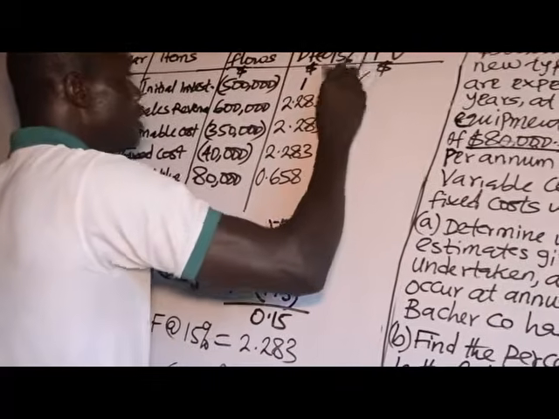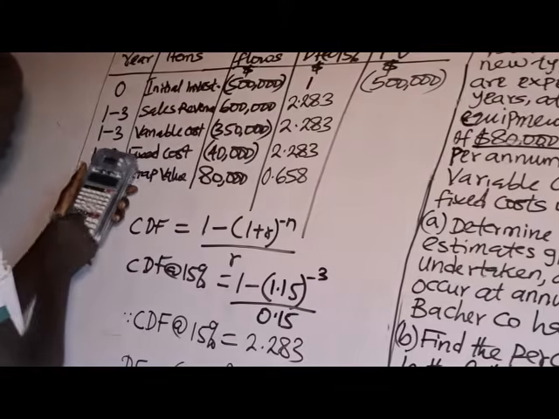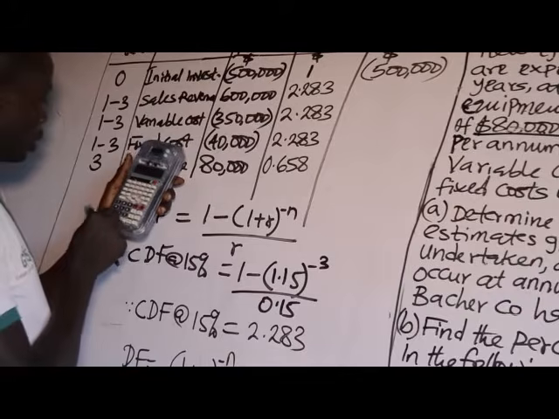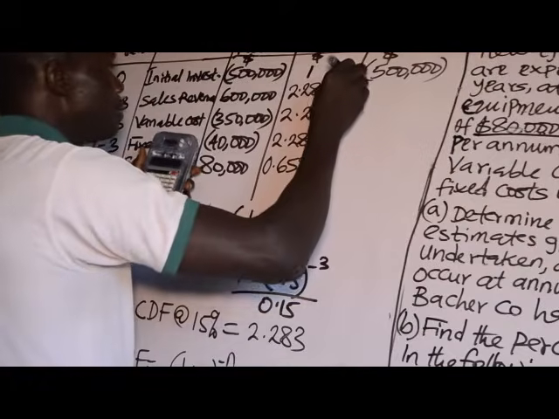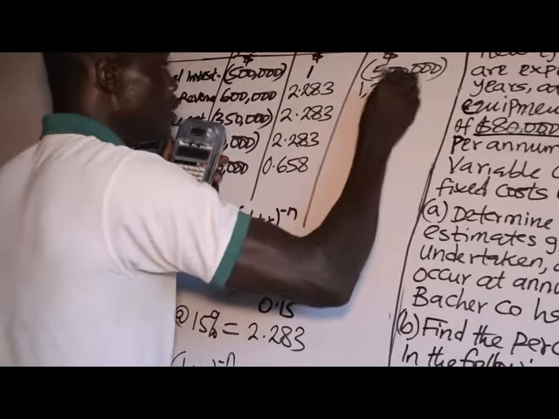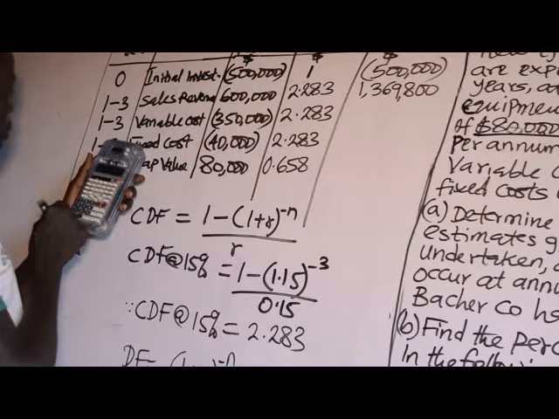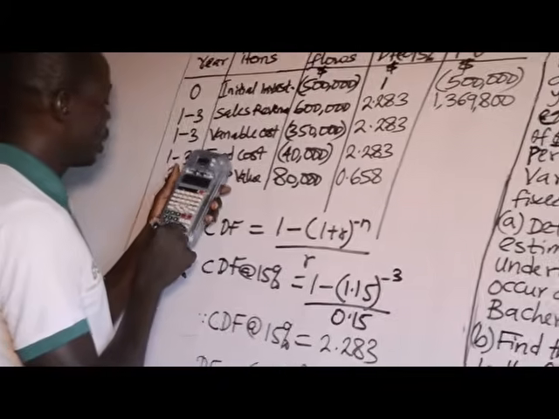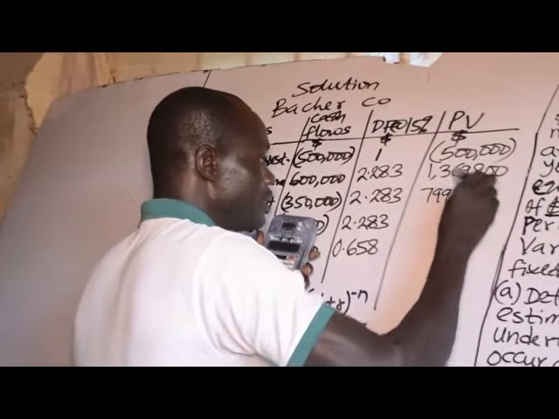500,000 times 1 will be 500,000. 600,000 times 2.283 gives us 1,369,800. Then 350,000 times 2.283 gives us 799,050.